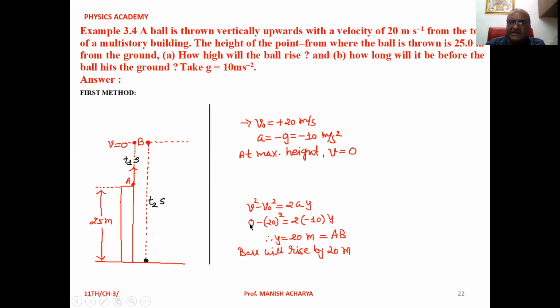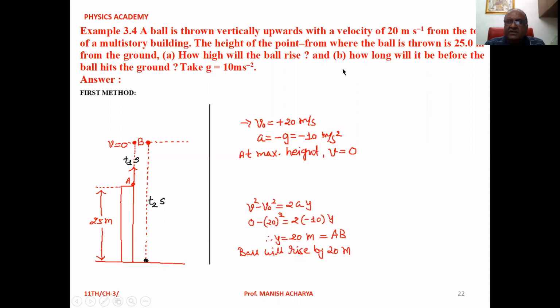Final velocity is 0, initial is 20, and 2a is minus 10, into y. So y will come to 20 meters, and that is your AB. We can conclude like this: the ball will rise by 20 meters. Clear to all of you?